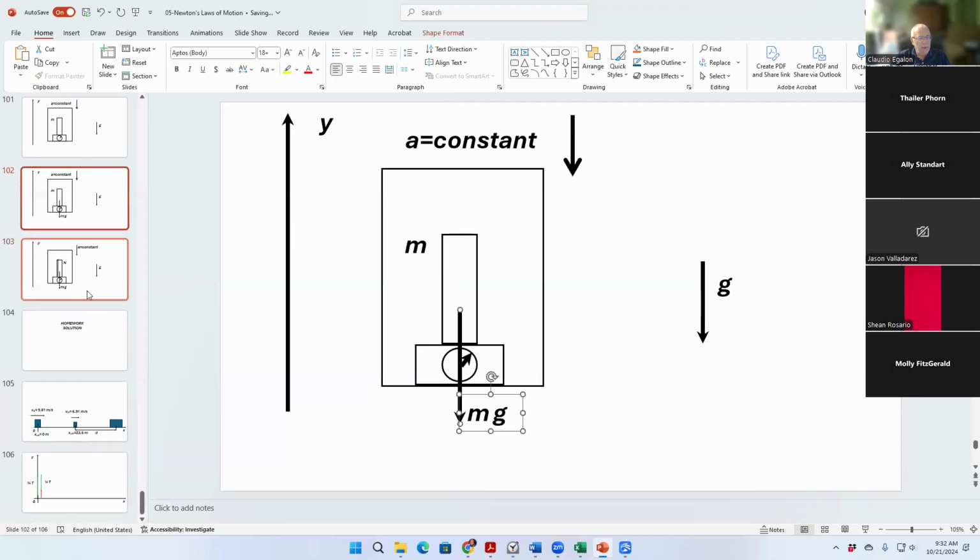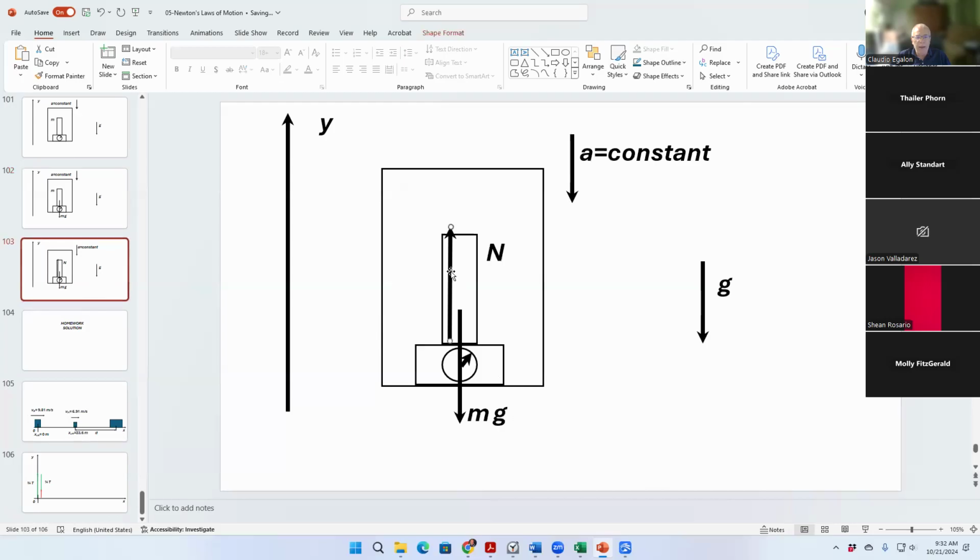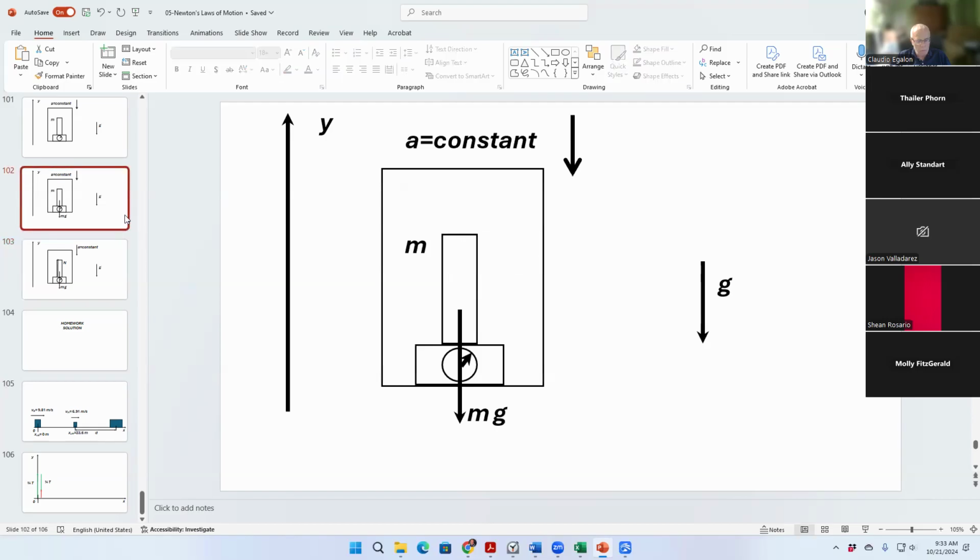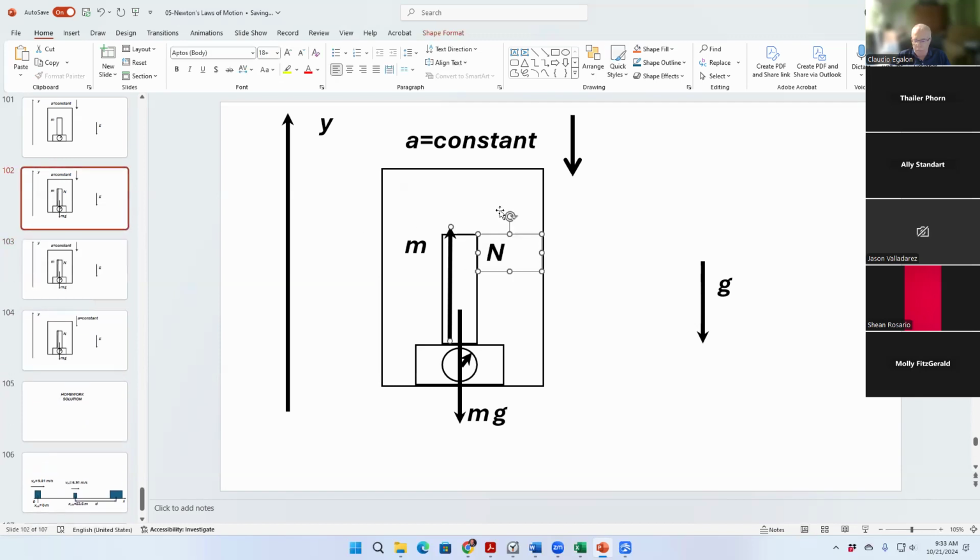And after identifying mg, you will identify the second force, which is the normal. Playing the movie, right?